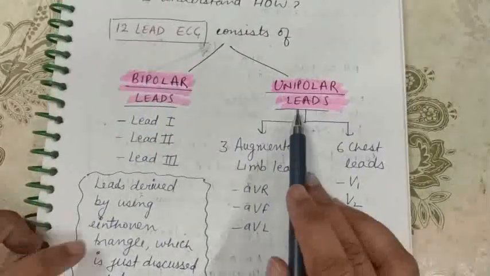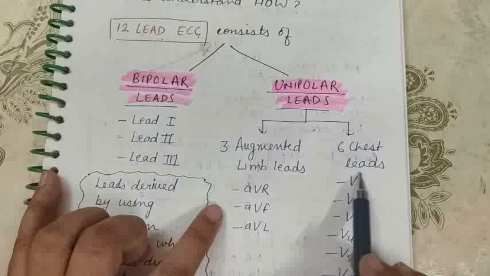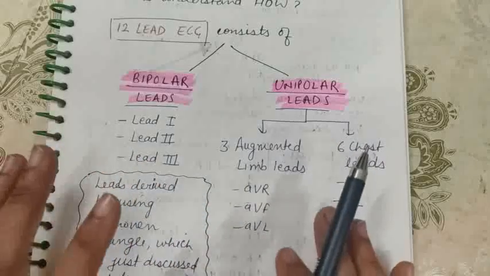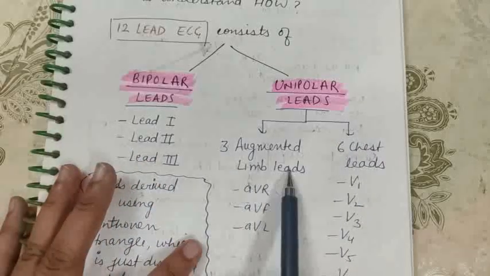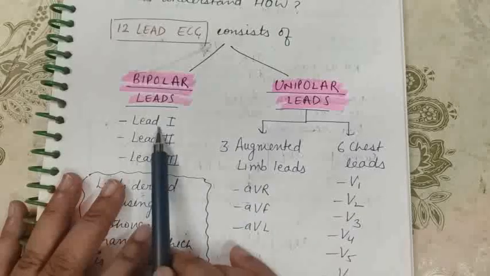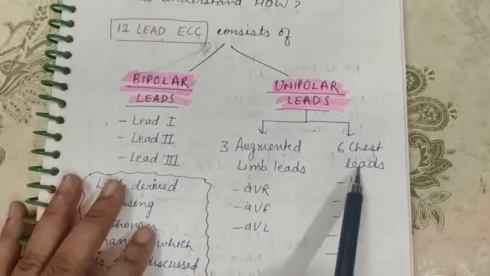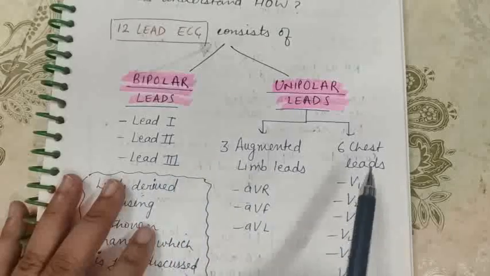And unipolar leads, there are 3 limb leads and 6 chest leads. So there are 3 unipolar limb leads and 3 bipolar limb leads. So 3 unipolar, 3 bipolar and 6 chest leads, so these are 6 and 6: 6 limb leads and 6 chest leads.